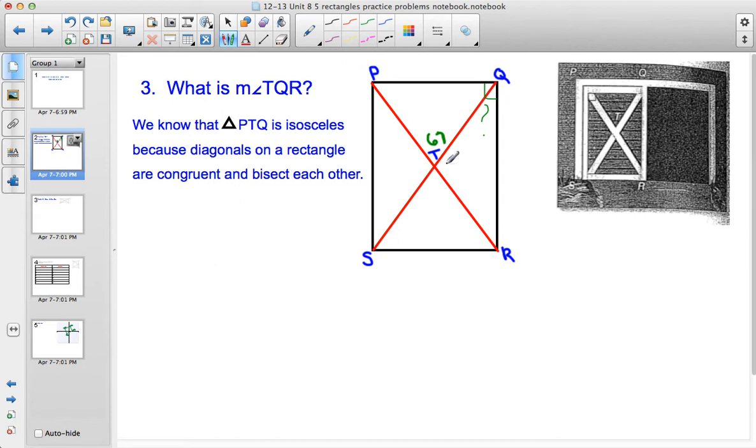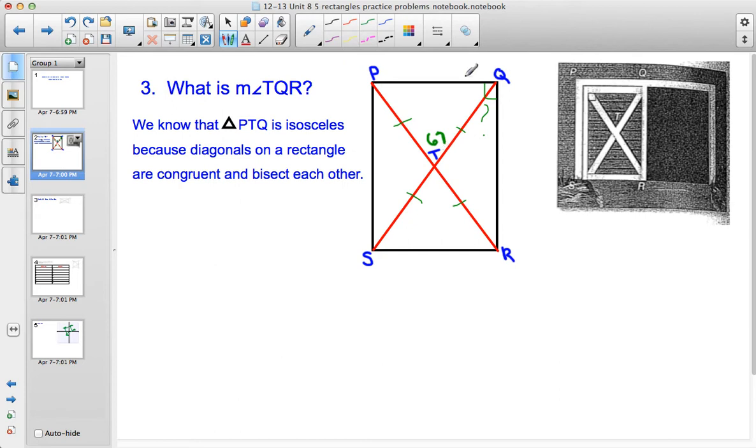And I also know that triangle PTQ is an isosceles triangle. And the reason I know that is these diagonals, PR and SQ. Diagonals on a rectangle both bisect each other and are congruent. So since they're equal to each other and they bisect each other, that means that PT has to be congruent to TQ.